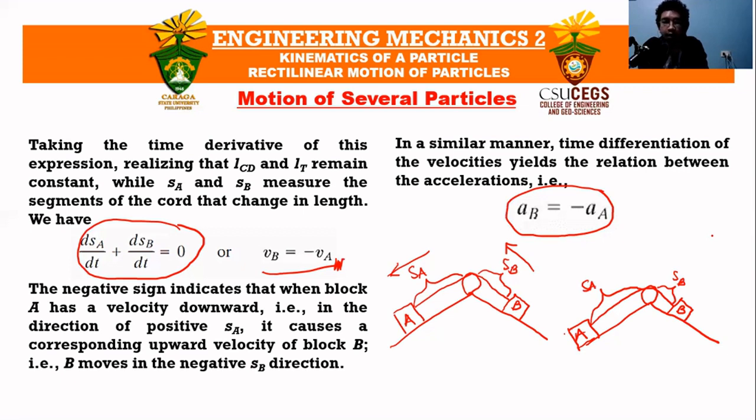That's why there is a change in the cord length for SA and SB.